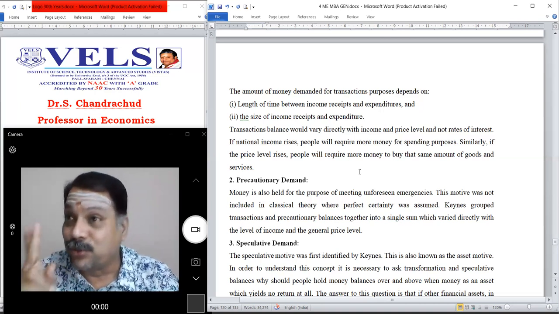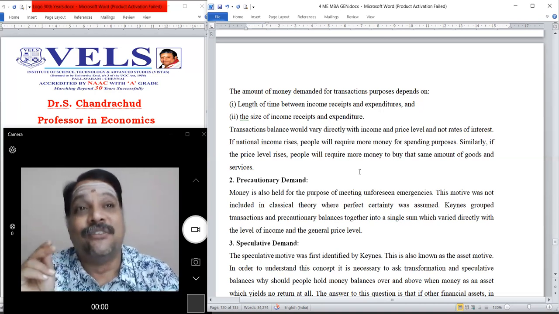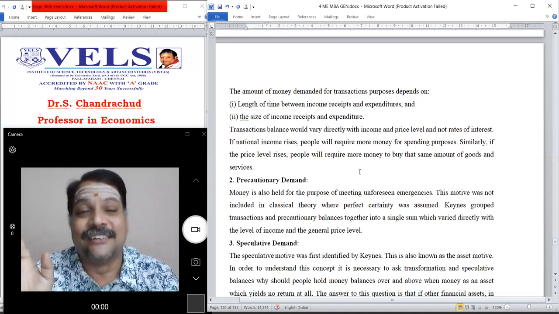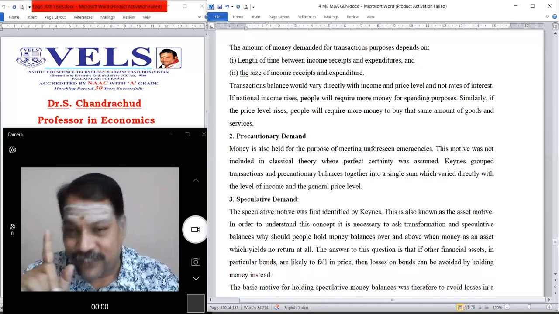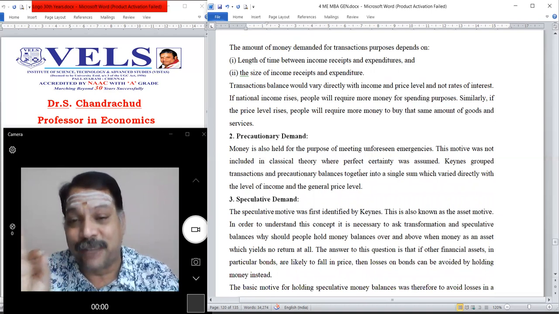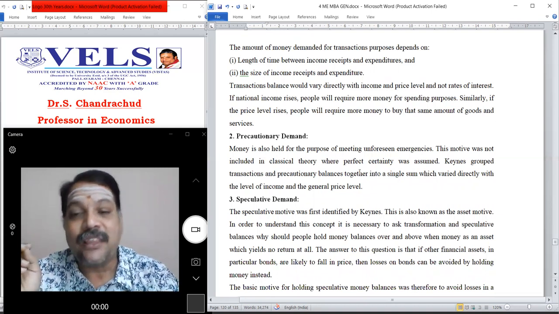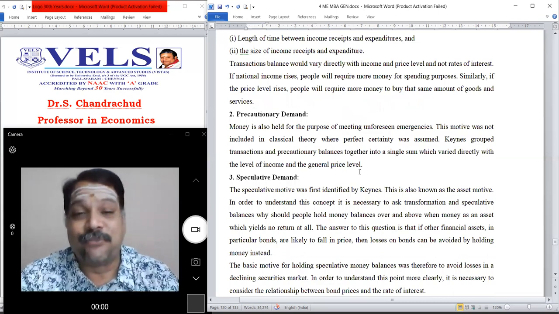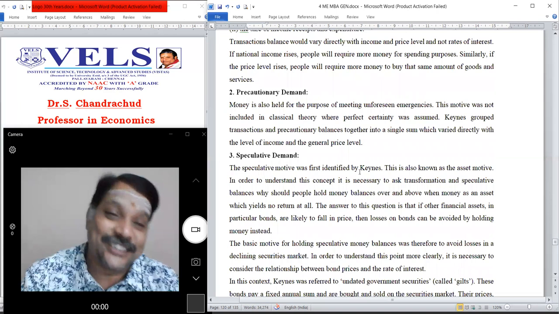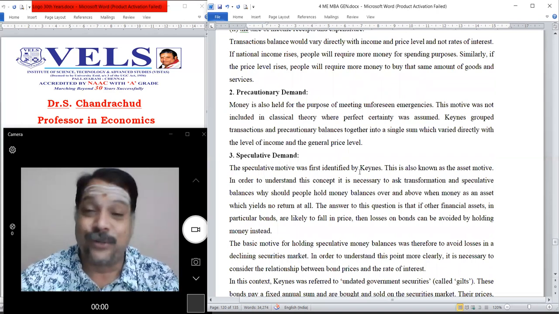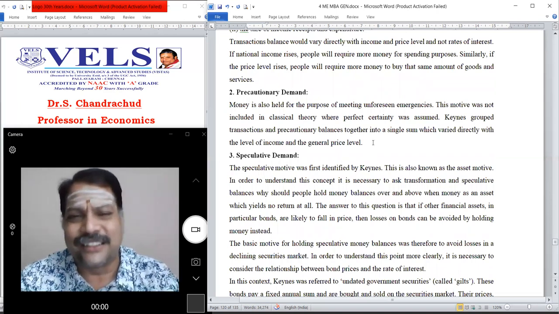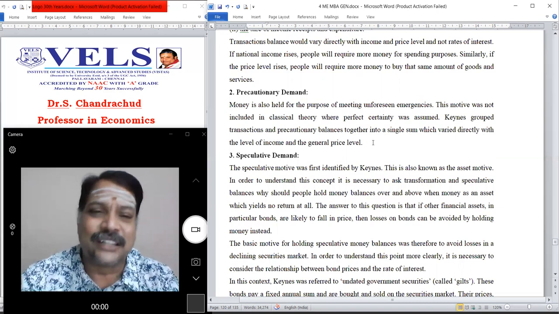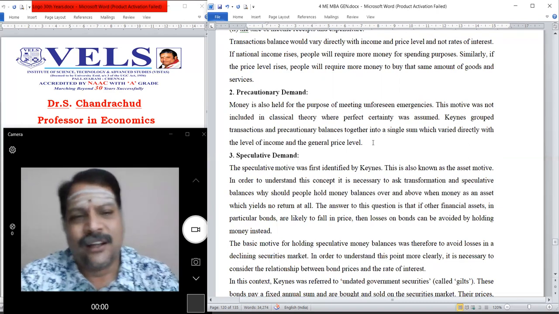But there are two more motives which demand the interest rate. What are they? First one is the precautionary demand, the second motive in the liquidity preference theory. Money is also held for the purpose of meeting unforeseen emergencies. This motive was not included in the classical theory, where everything is perfectly certain, so it is not assumed.